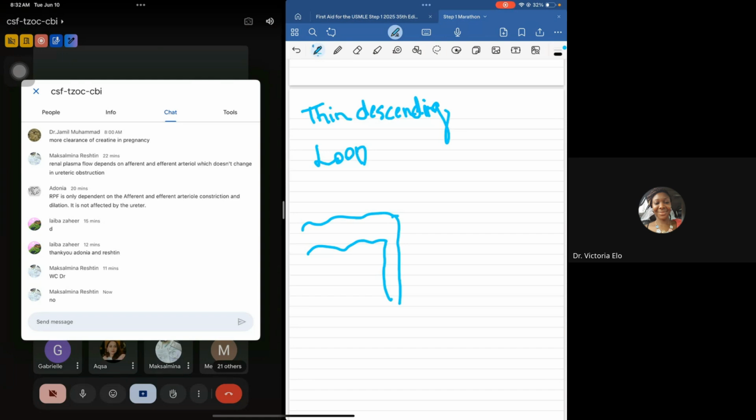From these tubules, only one thing can be reabsorbed back into the blood, and that thing is water, right? So only water gets absorbed back here, and when only water gets absorbed back here, the urine is going to get concentrated, right? So almost all of the solute is coming here, right?